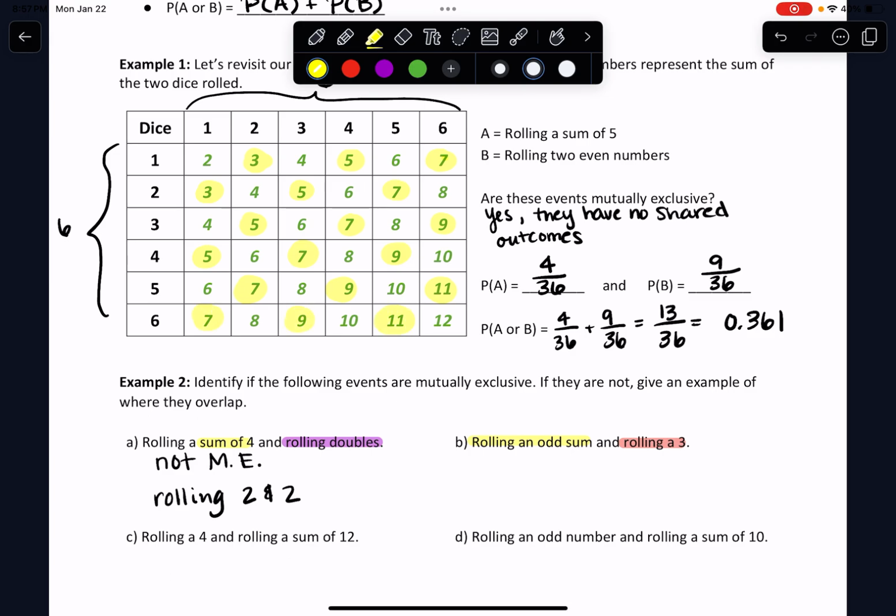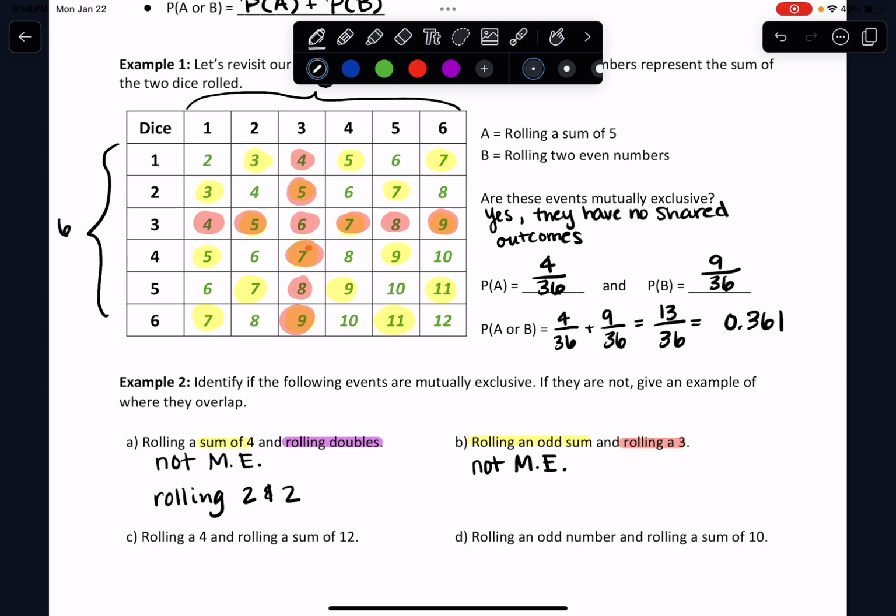And then rolling a 3. So we could keep going and we could highlight across the rows and the columns for 3. But we know right away that there are already multiple overlaps. This is not mutually exclusive.